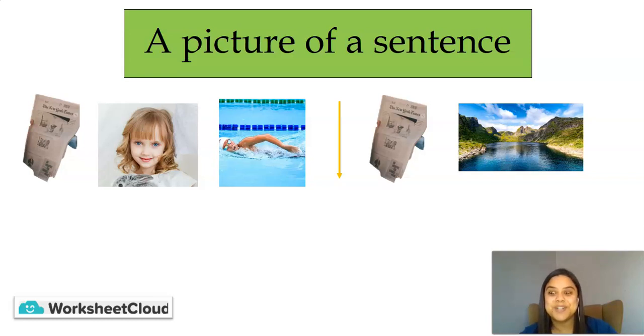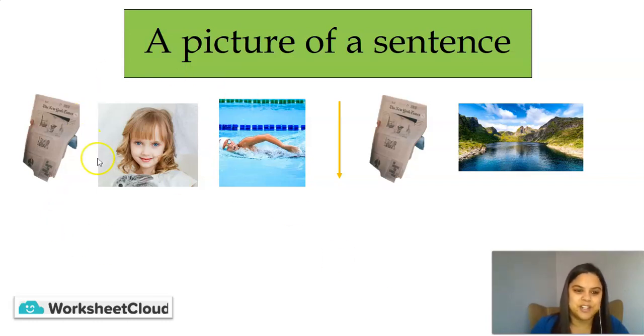So let me give you some clues, grade 4s. Well, the first picture is a picture of a newspaper article. Think about it. What do we start our sentences with sometimes? An article. So that's my first clue. Now, you should then know that the sentence would start with, drum roll, the. Okay, so the is an article.